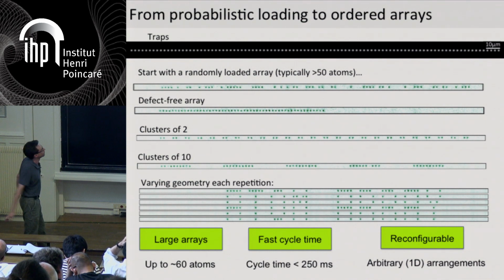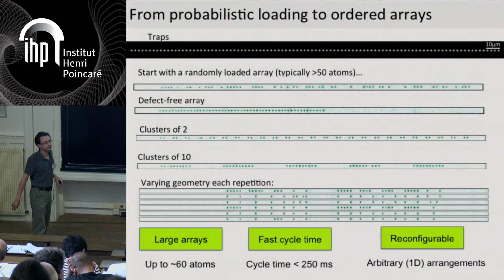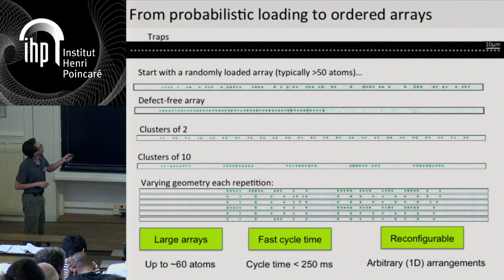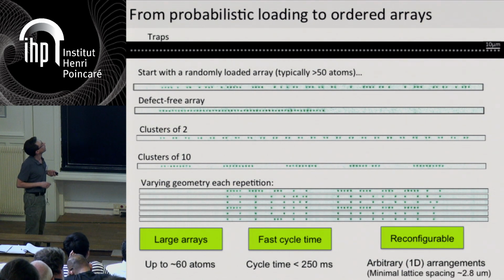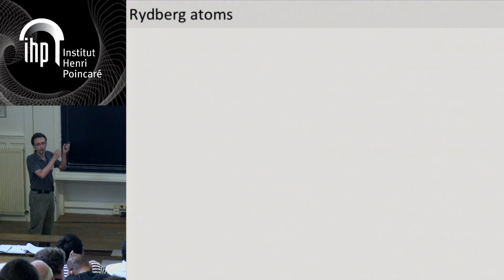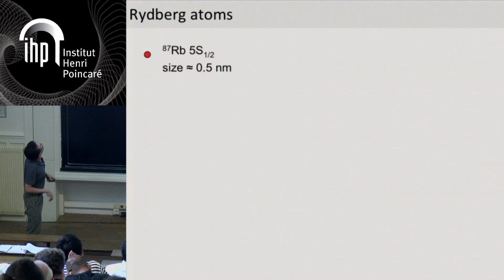And basically, we can build any arbitrary arrangement in 1D with one constraint: the minimal distance between 2 atoms cannot be made smaller than a few microns, like 2 microns typically. And because at 2 microns, neutral atoms typically do not interact, we need to add an extra ingredient, which is Rydberg physics, which was nicely described by Jean-Michel before, so I'll be fast on that.